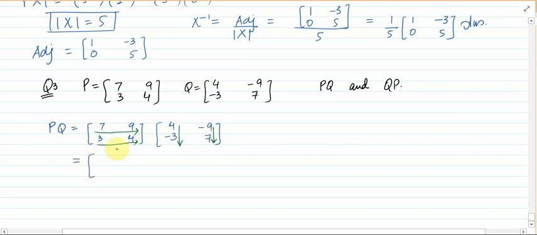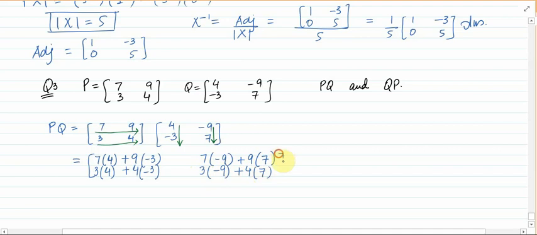7 is on the tail side, it multiplies with 4 plus 9 multiplies with negative 3. After that, 7 times negative 3 plus 9 times 7. Second row, 3 times 4 plus 4 times minus 3 and 3 times minus 9 plus 4 times 7.